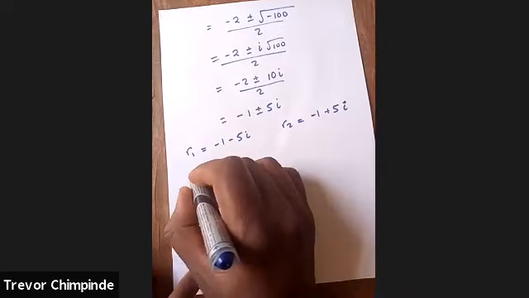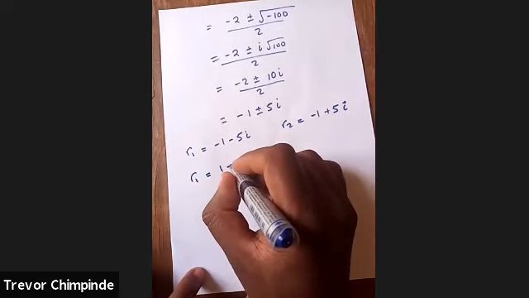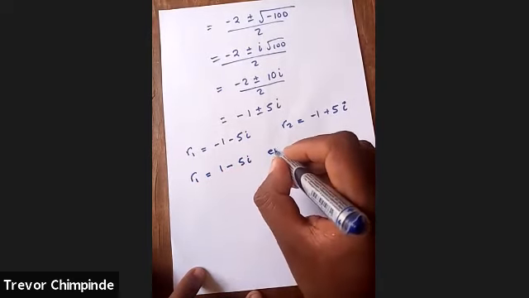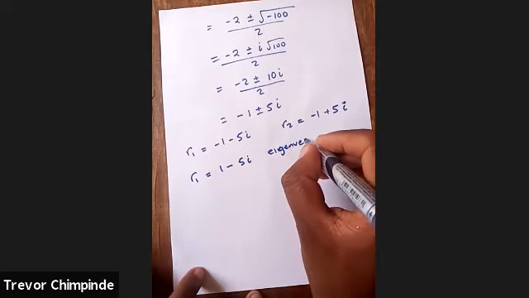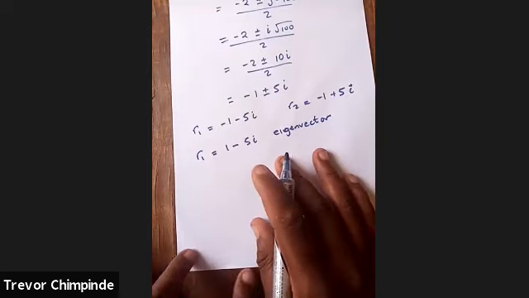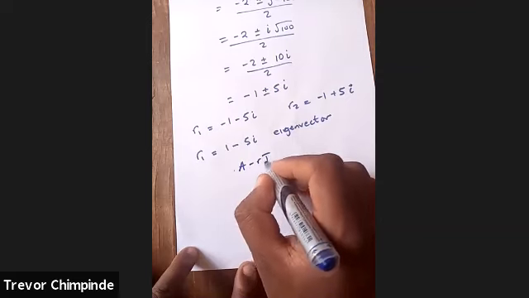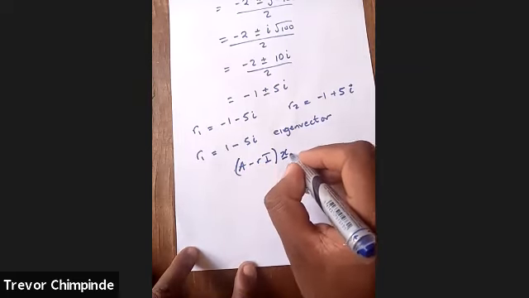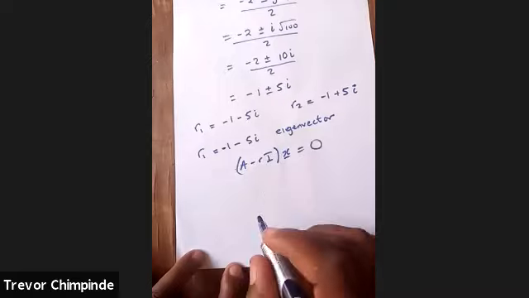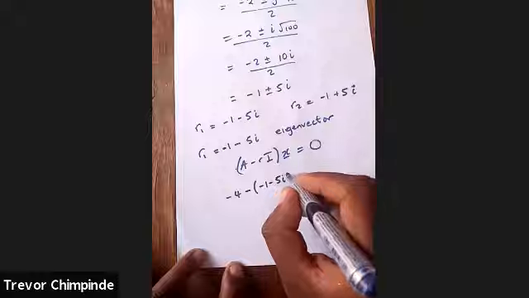So we start with r1. So we want to find eigenvectors corresponding to this eigenvalue. So we go back to this. This is the equation we go back to, and this will give us minus 4, then minus, so this is my r, so it's minus 1 minus 5i, and this is minus 10.